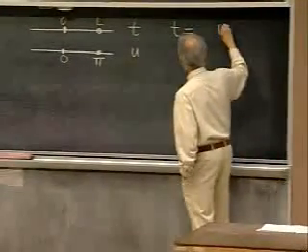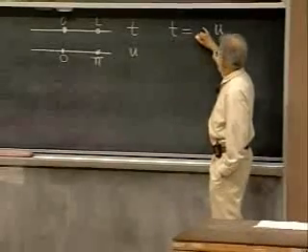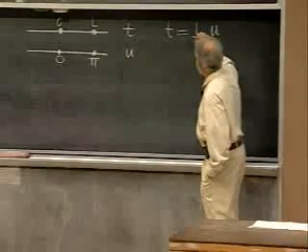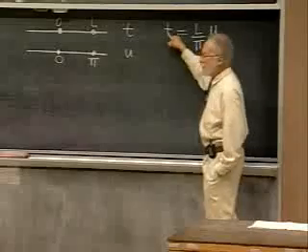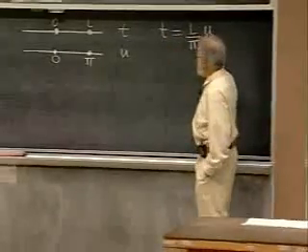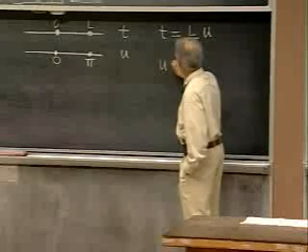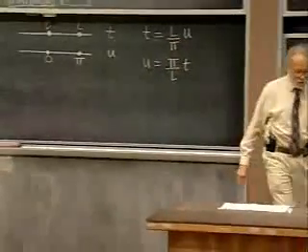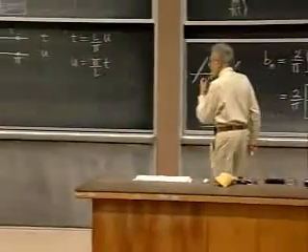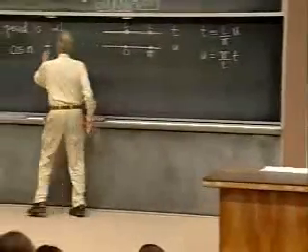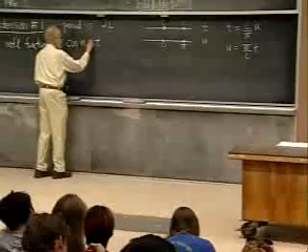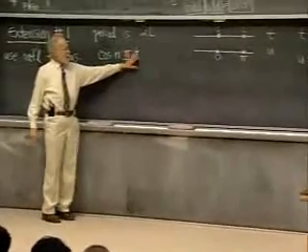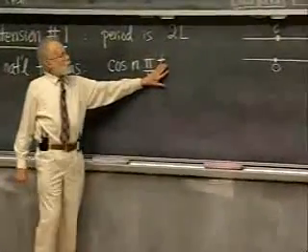So t should be L over pi times u. When u is pi, t is L, and vice versa. Expressing u in terms of t, u is equal to pi over L times t. That's the backward form of writing it, or the forward form, depending upon how you like to think of these things. Okay, so the cosine should be of pi over L times t, in order that when t is L, it should be like cosine of n pi, which is what we would have had.